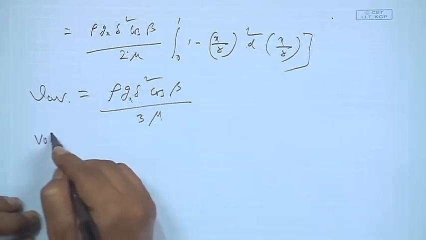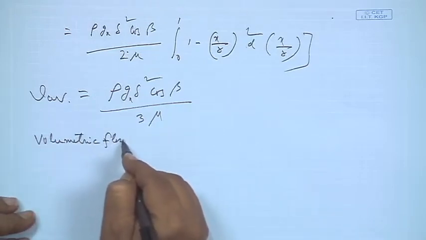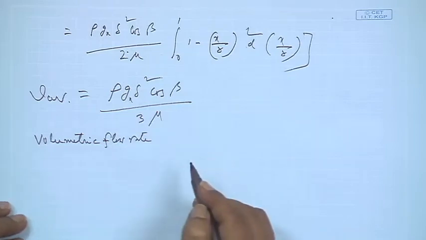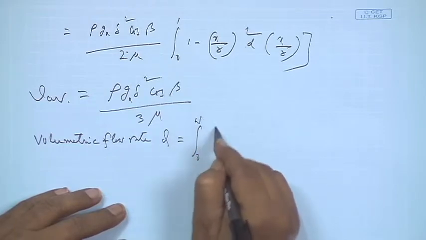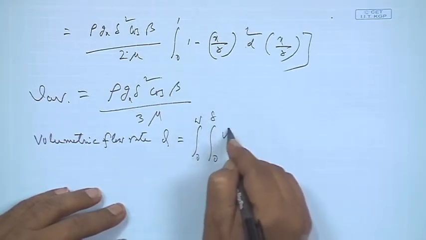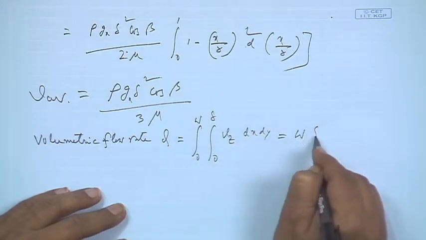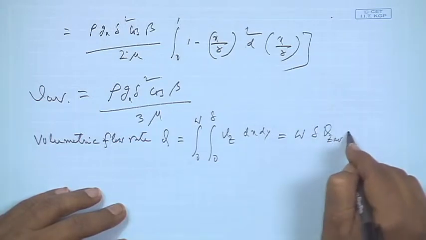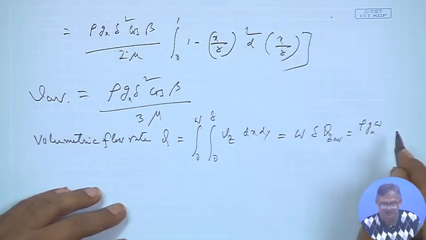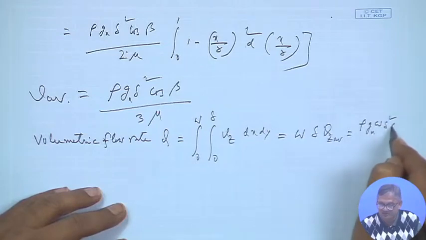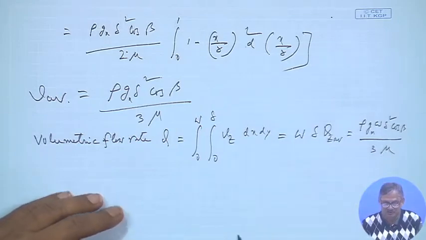Now the volumetric flow rate. The volumetric flow rate, or Q, can be written as the integral from 0 to W, 0 to del of Vz into area dx dy. This equals W del Vz average, that is rho gx W del square cos beta over 3 mu.